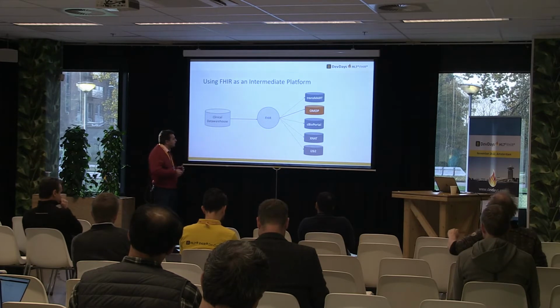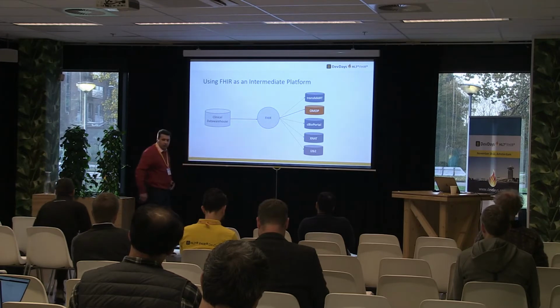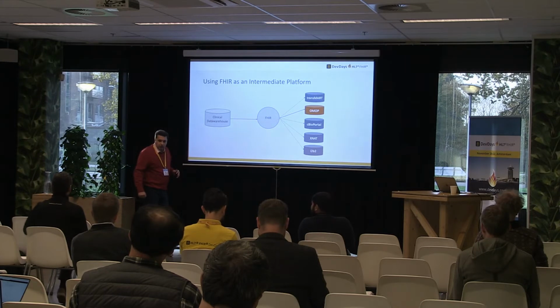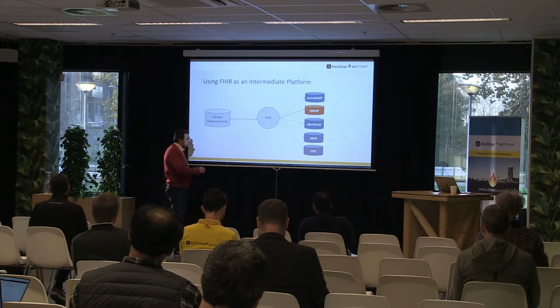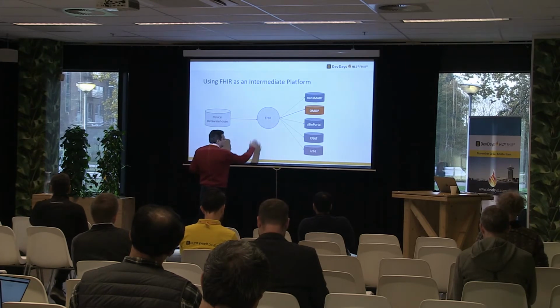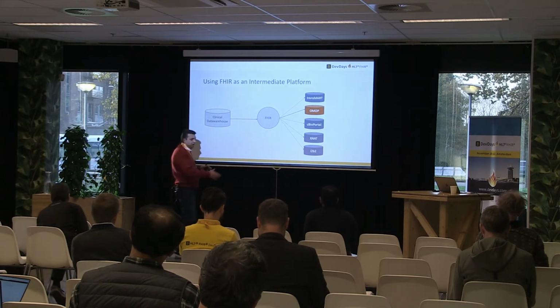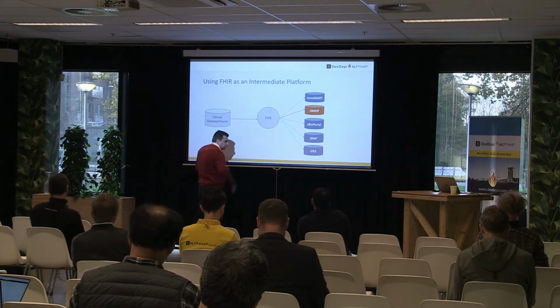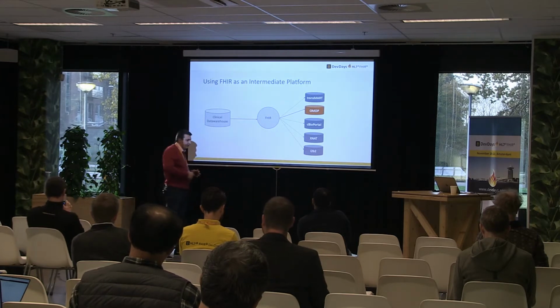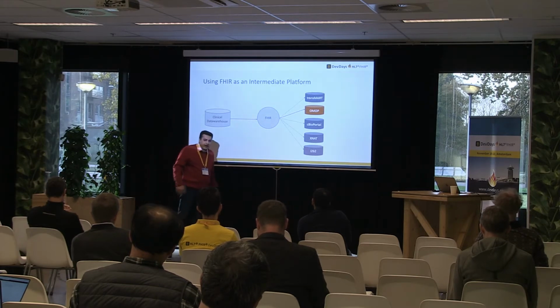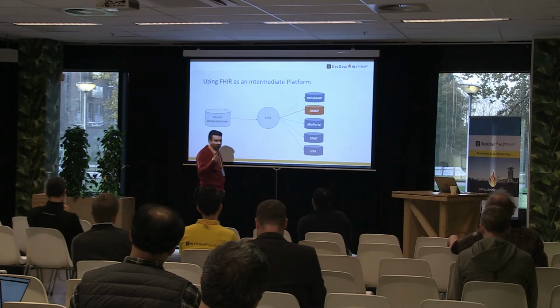When we want to convert directly to OMOP, we need 10 different tools. But with this solution, using FHIR as an intermediate platform, we have a very good and huge platform. We can save almost all data in FHIR, and after that, we need just one tool to convert FHIR to OMOP.